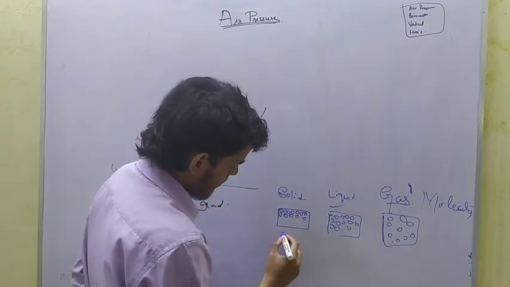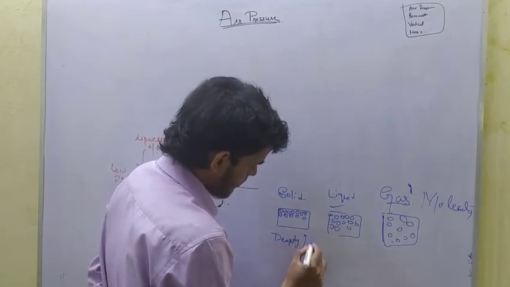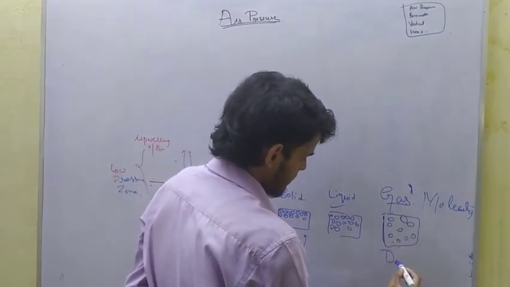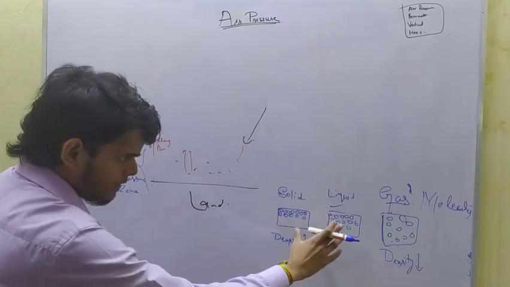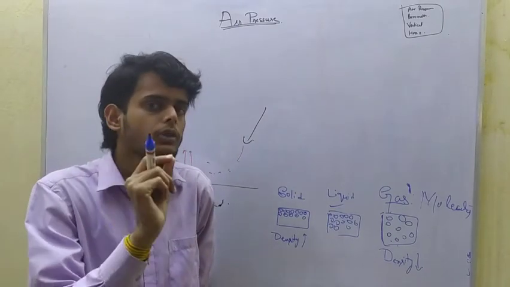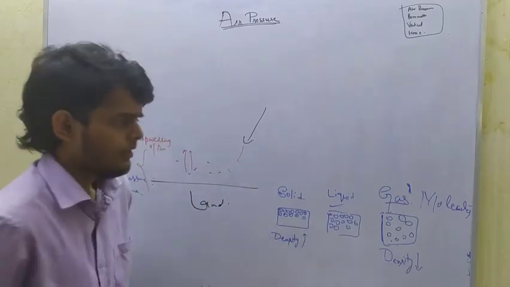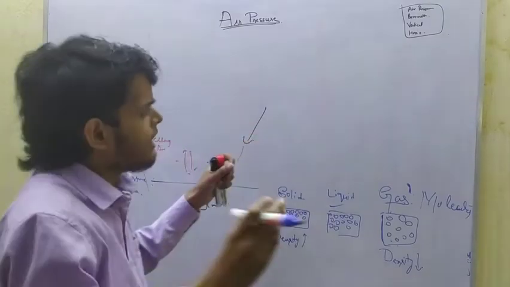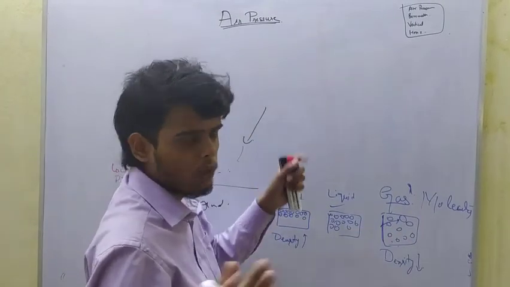Solid substances have greater density, and gas density is low. From this we can infer that those substances whose molecules are compact are highly dense, and those substances whose molecules are pretty free, they are scattered, they are freely moving here and there, their density is low.